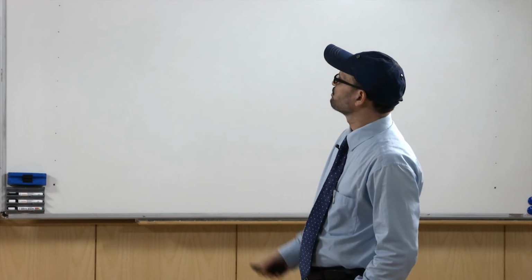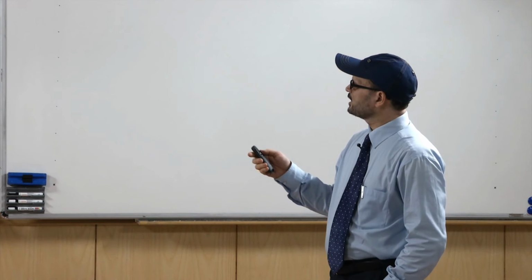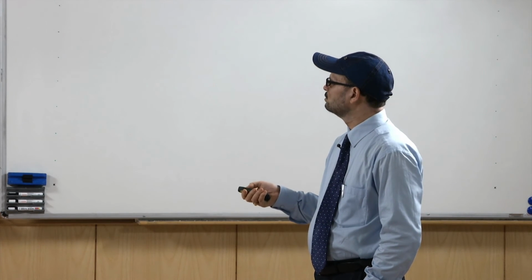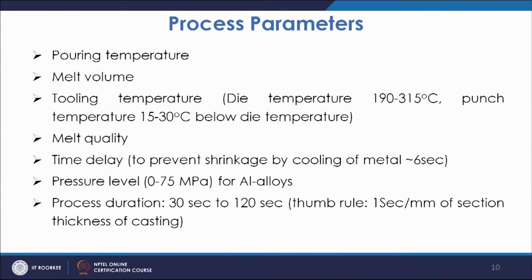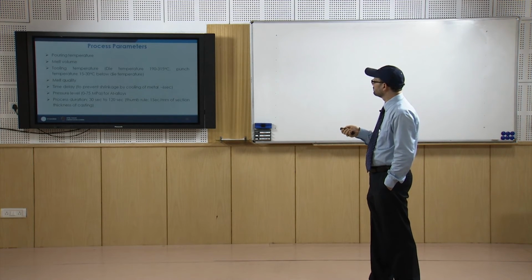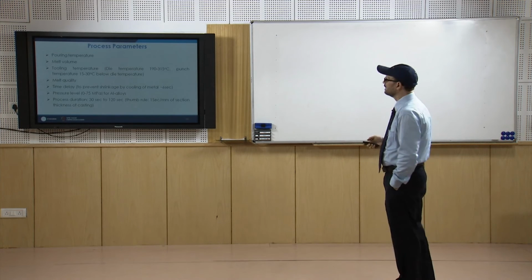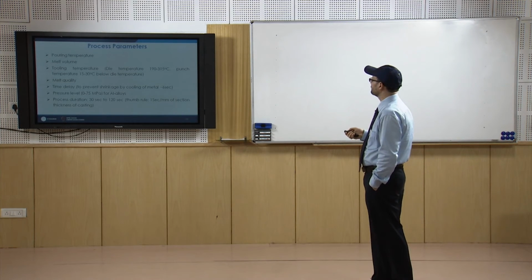Now, what are the process parameters? Process parameters are pouring temperature, melt volume, tooling temperature, melt quality, time delay, pressure level and process duration. Basically you will have to maintain a balance, so that there is a proper level of all these controlling process parameters.